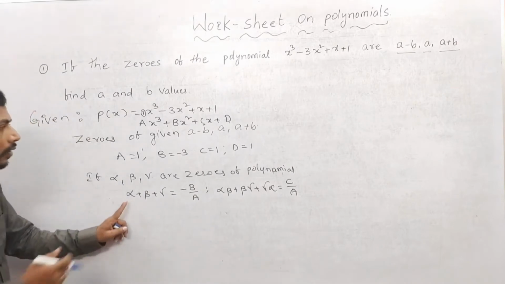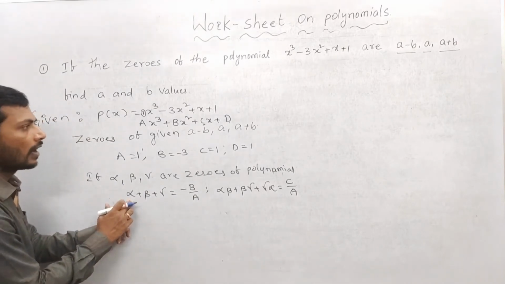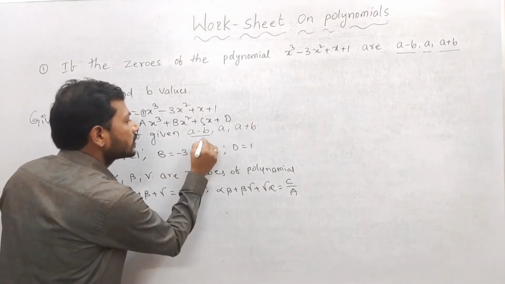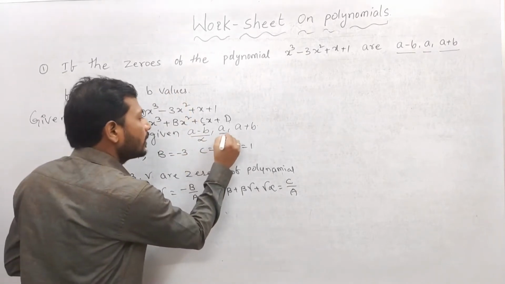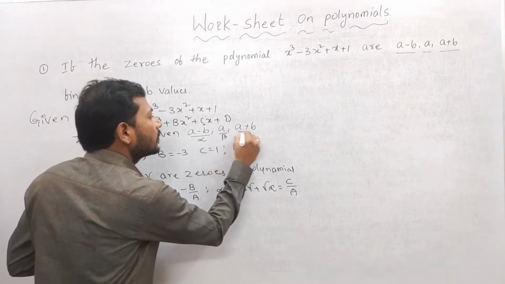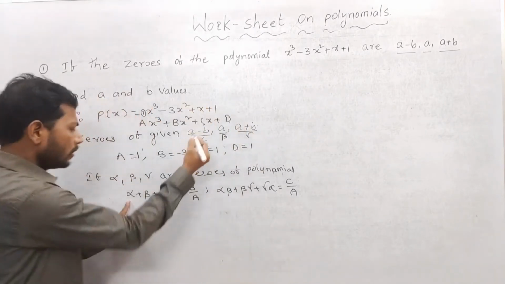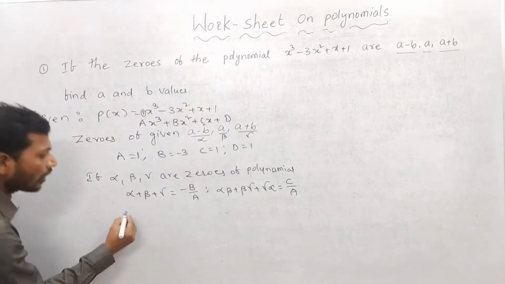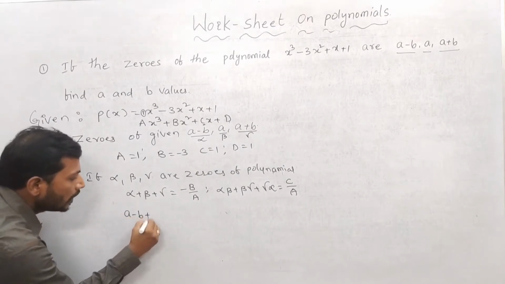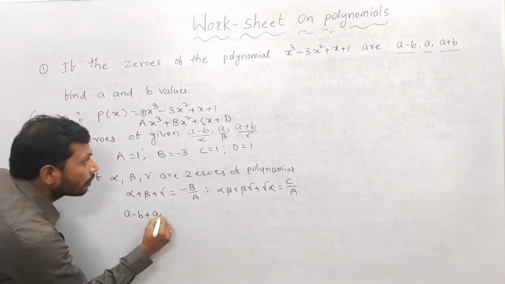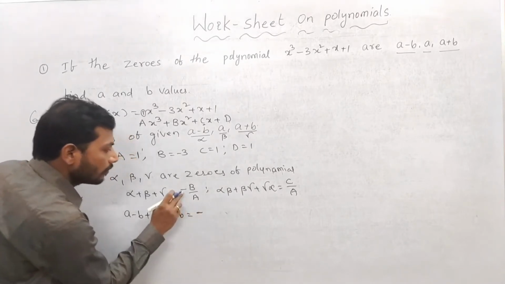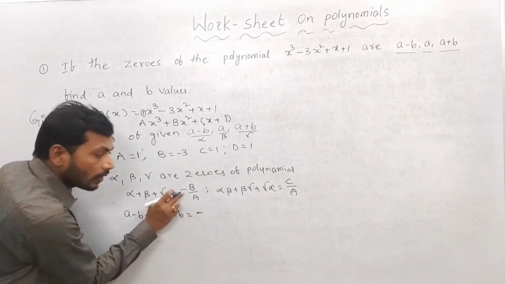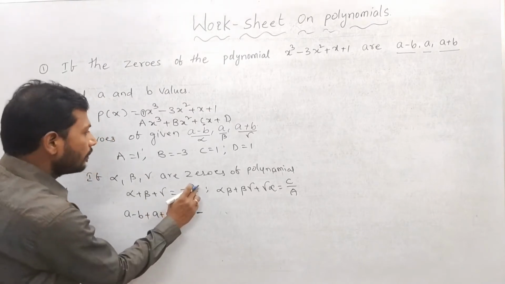Now, in the place of the alpha, what is there? Sir, a minus b. Very good. In the place of the beta, what is there? a. In the place of the gamma, what is there? a plus b. Then substitute here. Then I am going to write a minus b plus a plus b equals minus. This is minus from the formula I have taken. What is the b value?